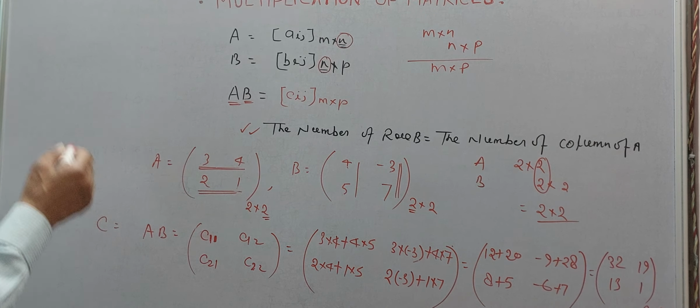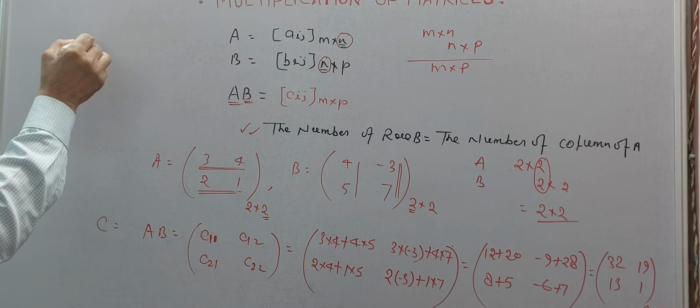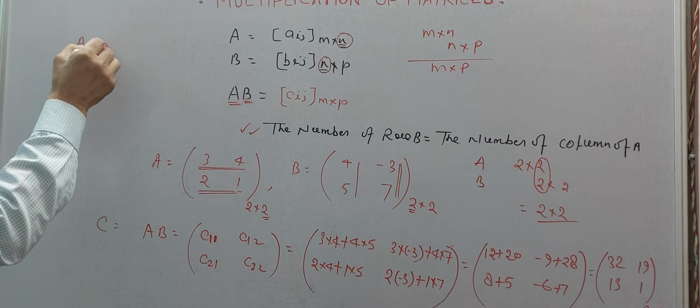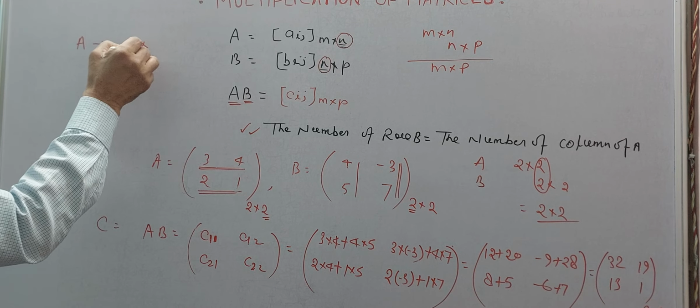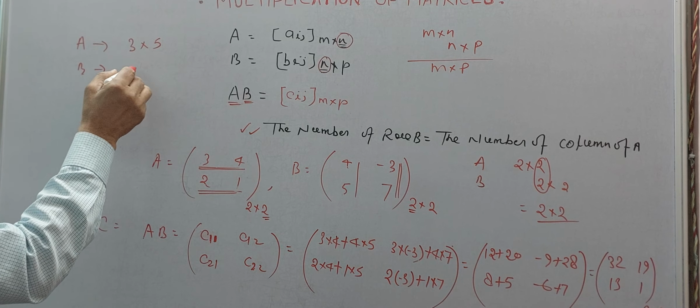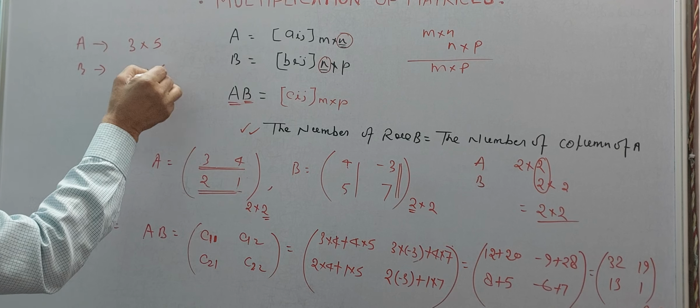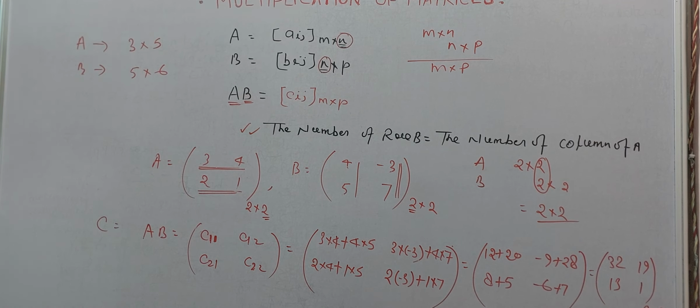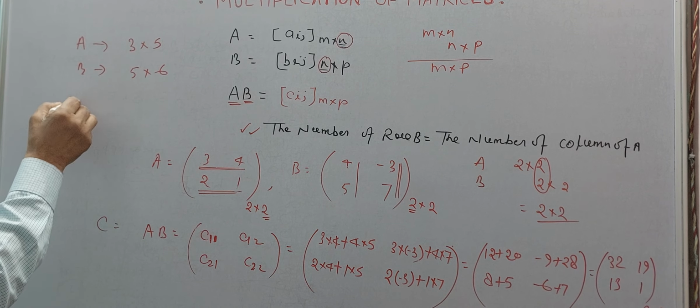Suppose matrix A has the order 3 cross 5, and matrix B has the order 5 cross 6. So here you look: AB is possible only, BA is not possible.